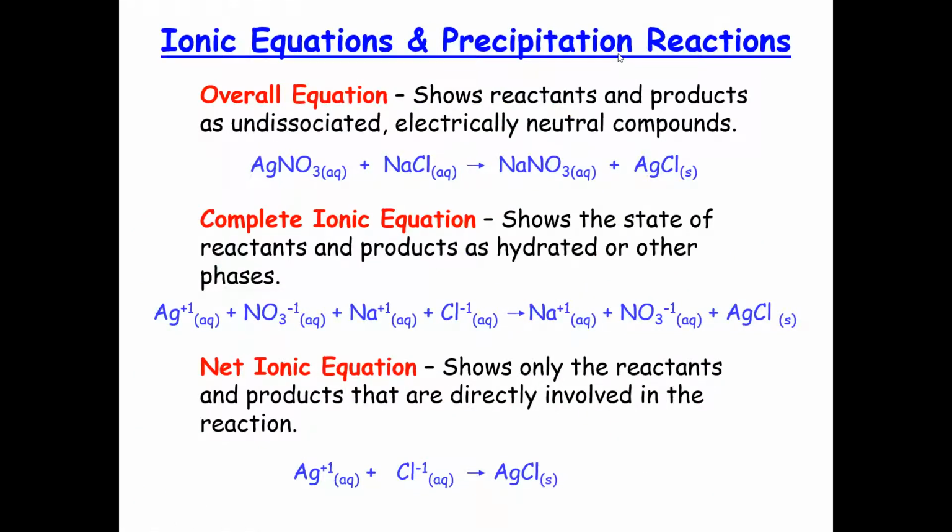Okay. The next heading is ionic equations and precipitation reactions. The overall equation shows reactants and products as undissociated electrically neutral compounds. What does that mean? This is how we show a chemical reaction.